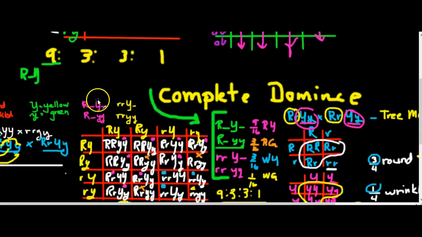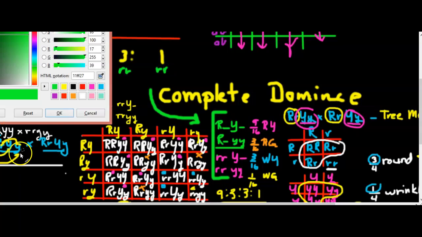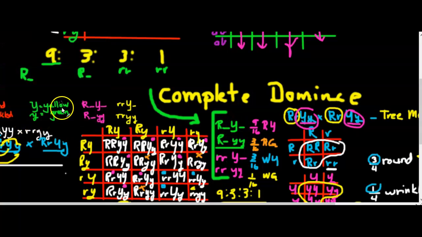So let's just do the pattern. This is what we said. So remember the pattern. These two are going to be dominant for the first trait. Right? And these two are going to be recessive for the first trait. And then follow the pattern. This one is going to be dominant for the second trait.